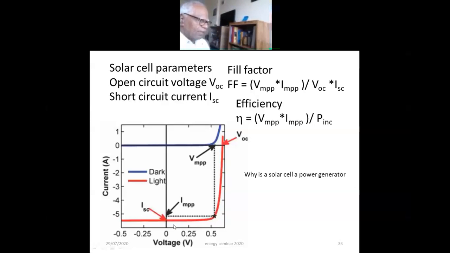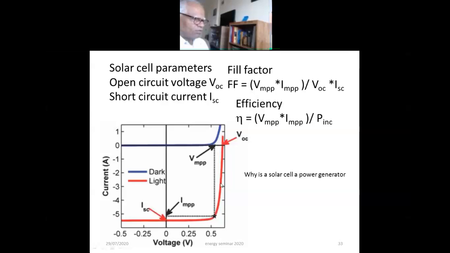So what you do is ask what is the maximum power the cell can generate. You take the lighted IV curve and multiply every point by I times V. At one end V is 0, and as you go up the curve I times V keeps increasing, and when you reach the other end I times V is 0 again.